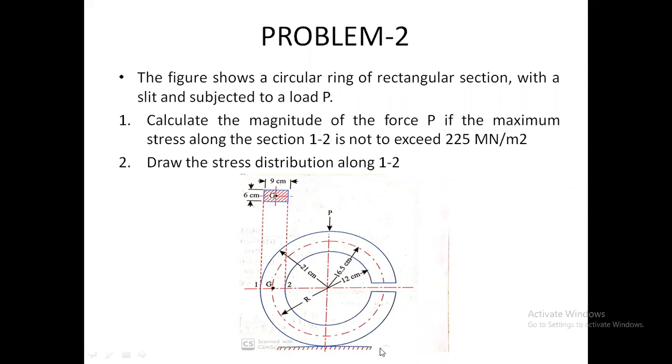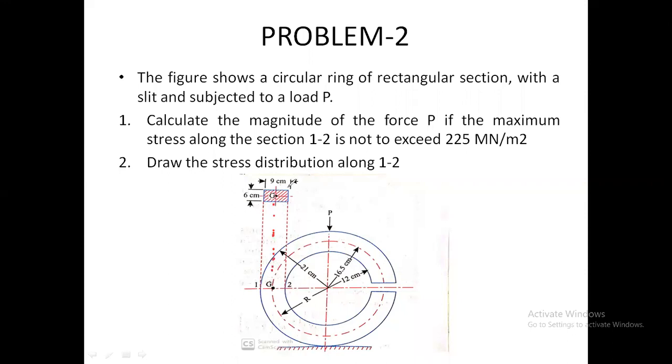In this diagram it is clearly given that the cross section of this ring is rectangular, so the centroidal axis and neutral axis coincide.